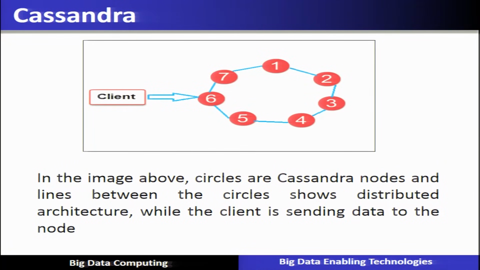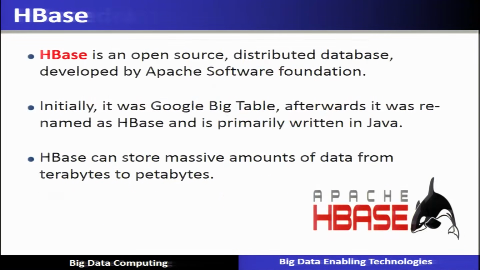The nodes shown here are represented in the form of a ring. All the nodes are placed around the circle, which is called a ring, and this is the architecture by which the data center nodes are organized virtually in Cassandra. We will see these things in more detail.